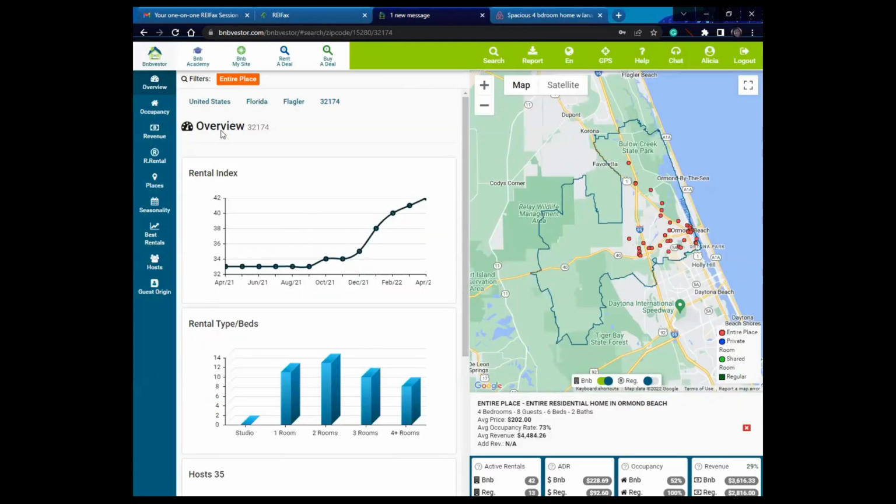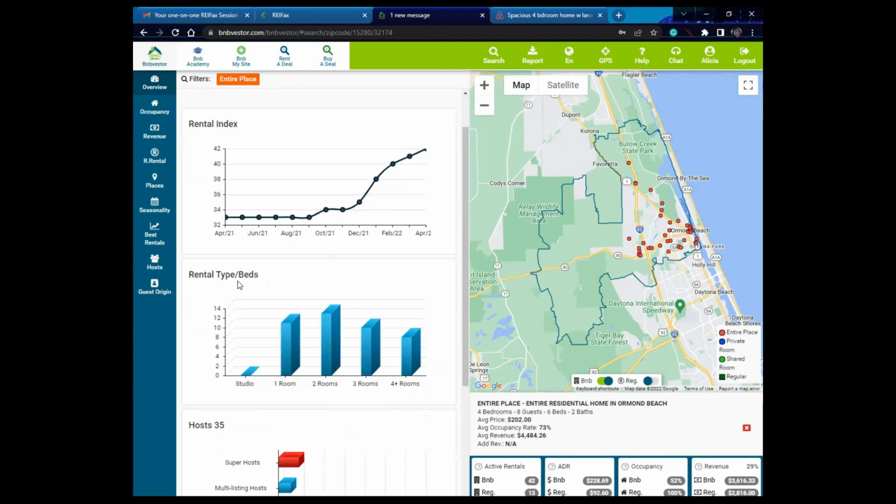Again, I have the general overview, just as we had before. This one is a little bit flat the first part of the year, or last year actually, but just as it did when I was in the whole state, or I was actually in the whole county, it did pick up and is at its highest right now in April 22.